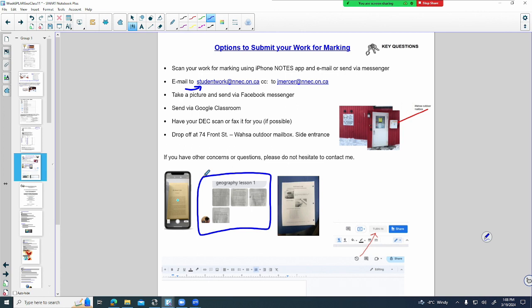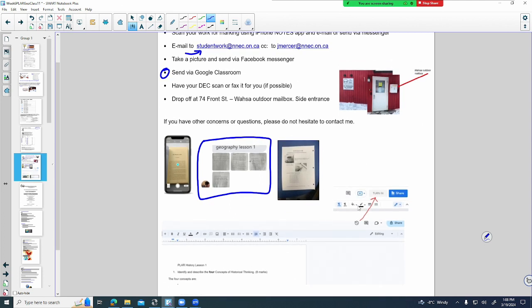You can also send it through Google Classroom. So remember, if you are using Google Classroom, that there are 2 class codes, one for your personal Gmail and the other one is for NNEC schools.